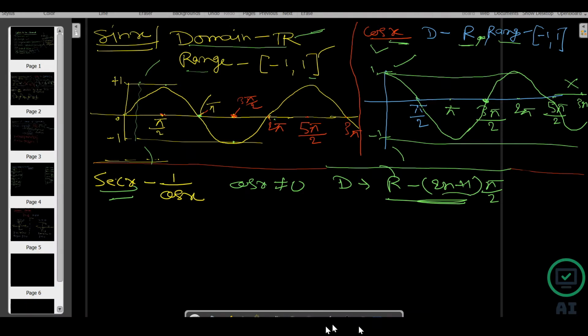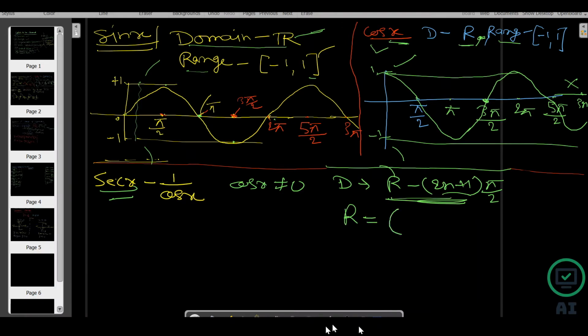If at pi by 2 it is taking 0, so if you put n equal to 0, it will be pi by 2, where cos x is 0. If you put 1, then it is 3 pi by 2, so we are subtracting those. So what is the range of this sec x?